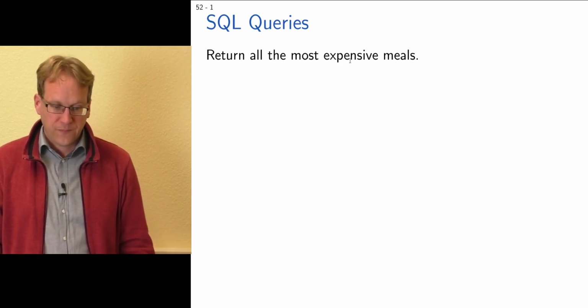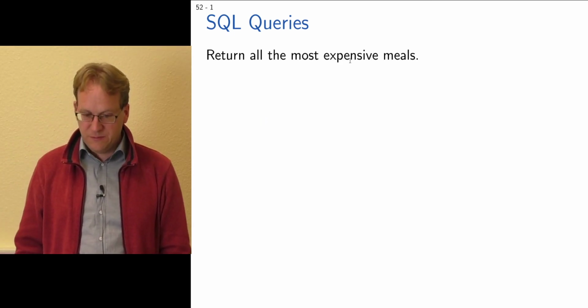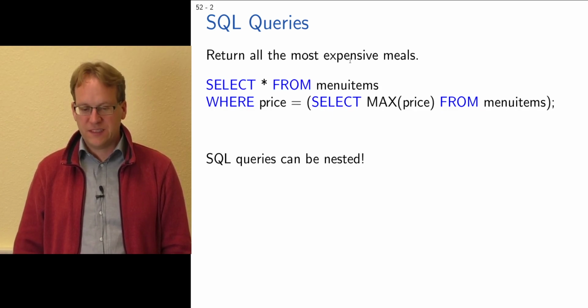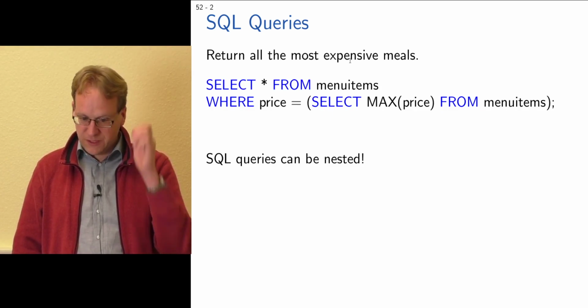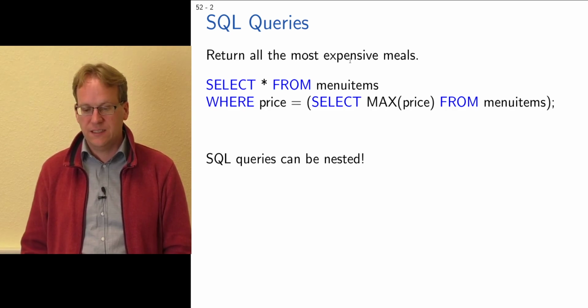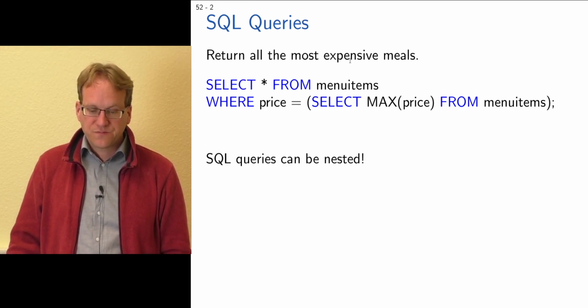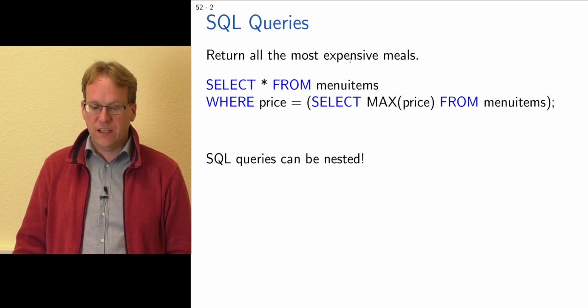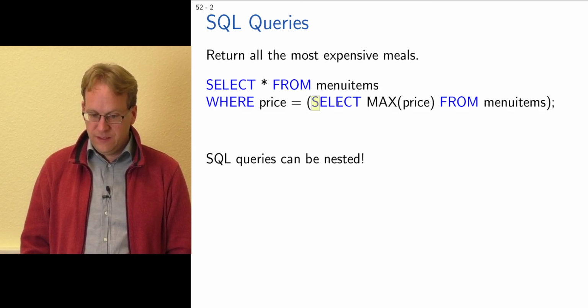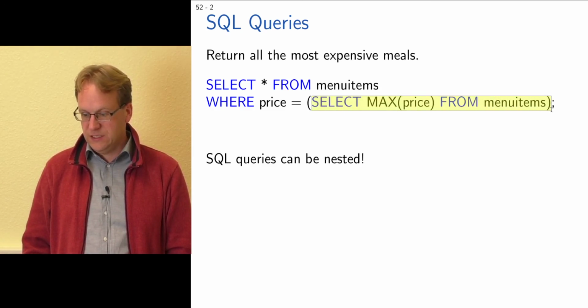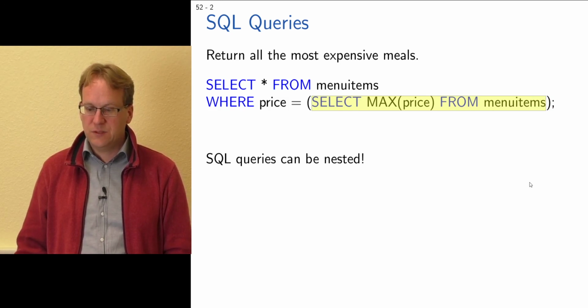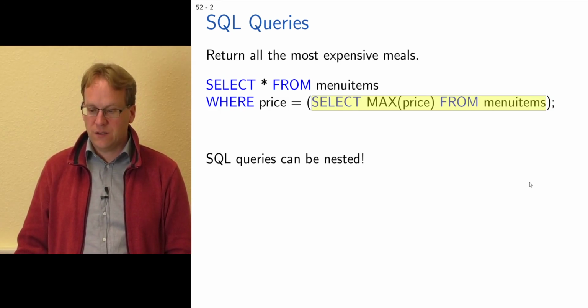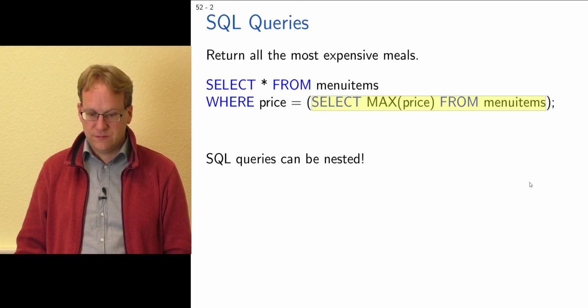Well, return all the most expensive meals. So plenty of examples are possible, and especially what we can see here is that we can also use nested queries. So we have this query here we had before actually. It computes the maximum price among all menu items.